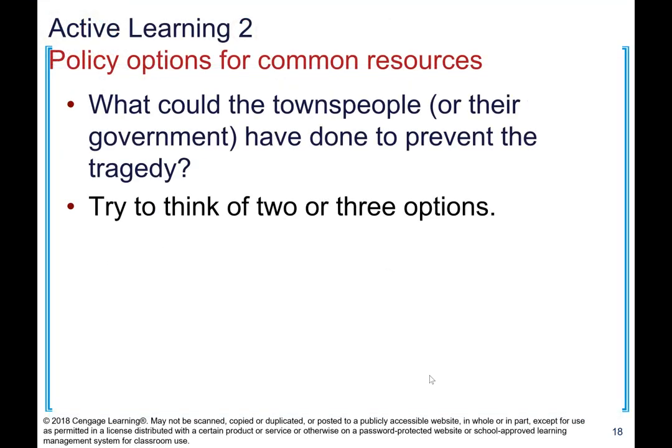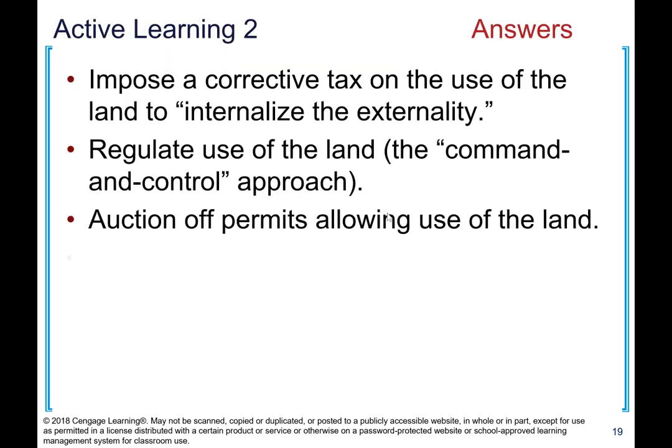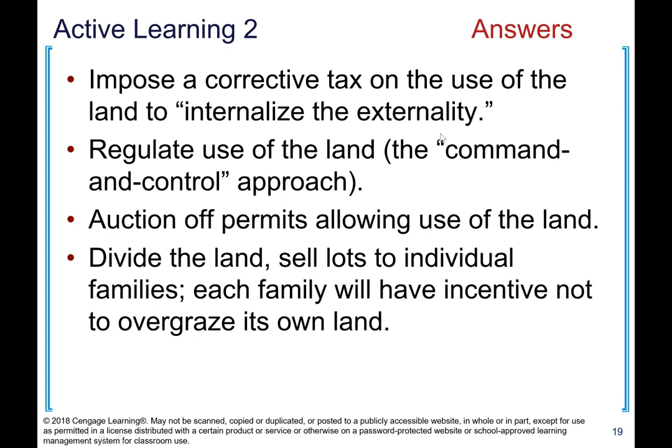Active learning 2: Policy options for common resources. What could the townspeople or their government have done to prevent the tragedy? Try to think of two or three options. Answers: Impose a corrective tax on the use of the land that will internalize the externality.